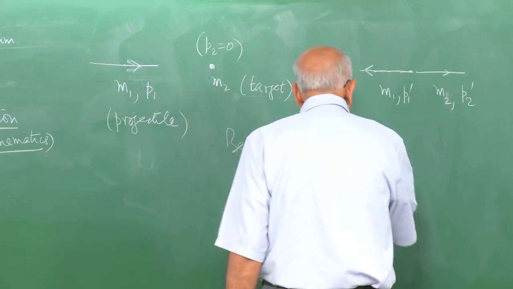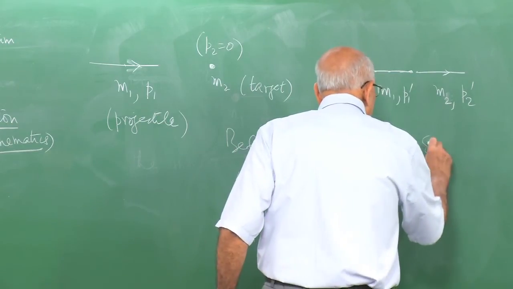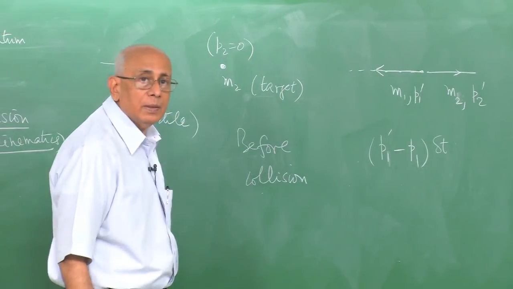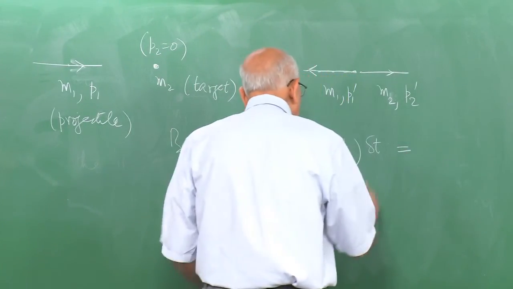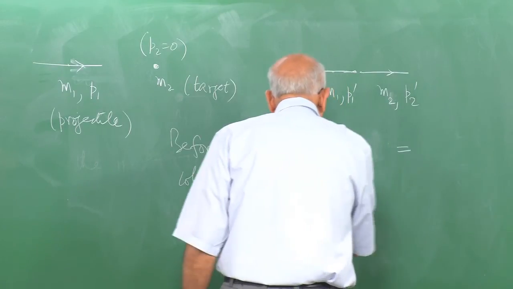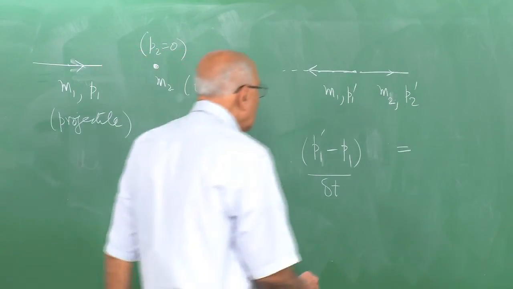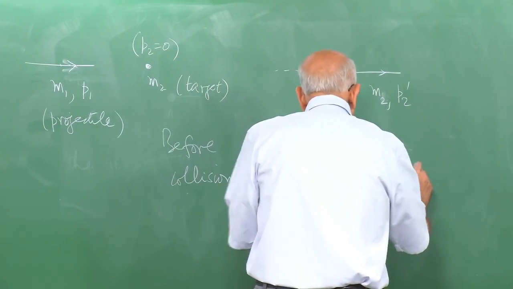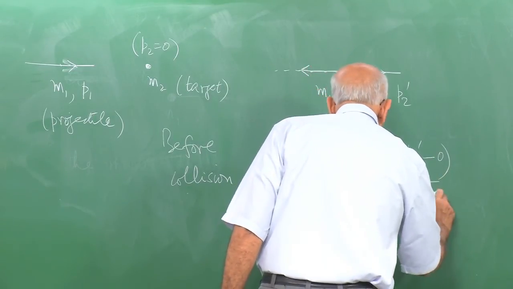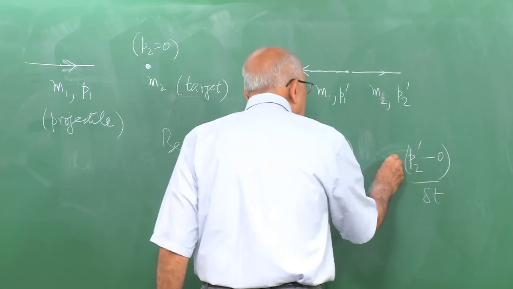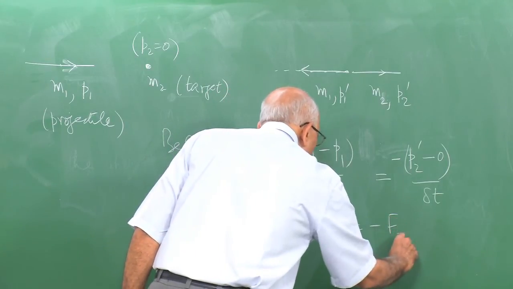So p1 prime minus p1 over delta t, the time of collision, is equal to the rate of change of momentum here, p2 prime minus 0 divided by delta t, with a minus sign, because we know that F12 equals minus F21.